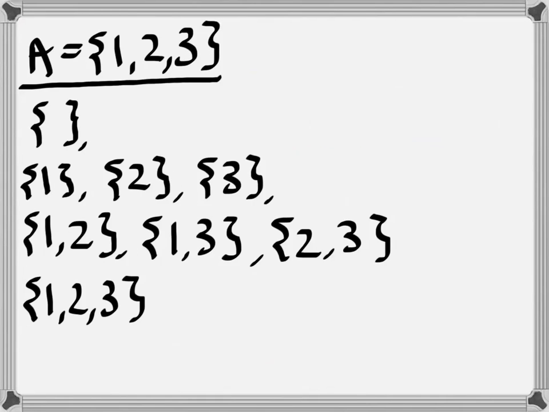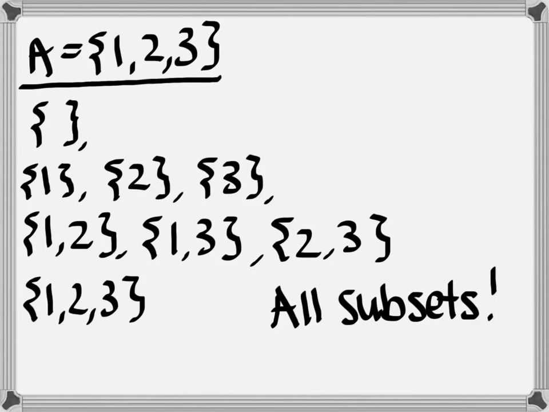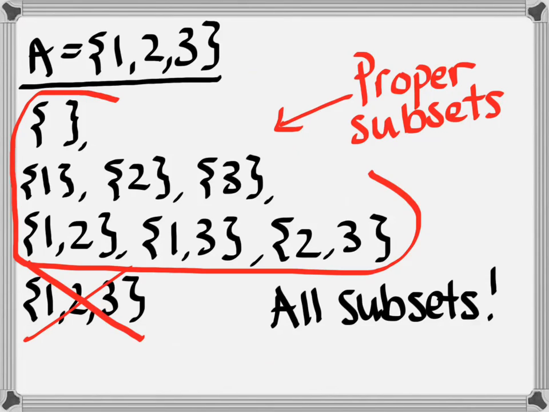All right, let's look at some examples. Here we have the set A consisting of 1, 2, and 3. We have listed below all of the subsets. By the way, A has cardinality 3, so we would expect there to be 2 to the 3 subsets. And if you count them, sure enough, we have 8 subsets. Okay, but I could ask you, what are the proper subsets?